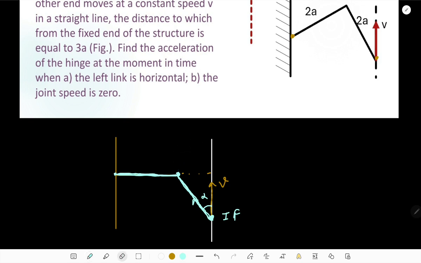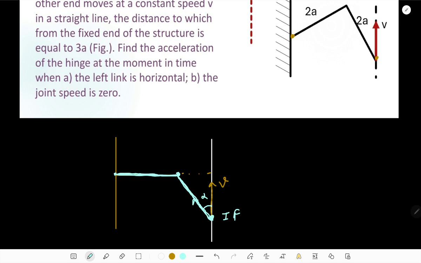Its velocity is 0 at this moment with respect to our observer. Our observer is moving with velocity v, and with respect to it its velocity is 0.